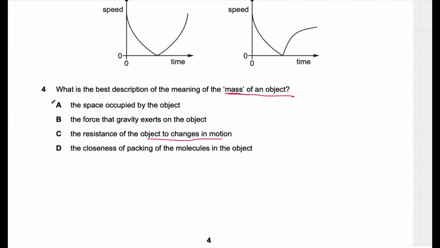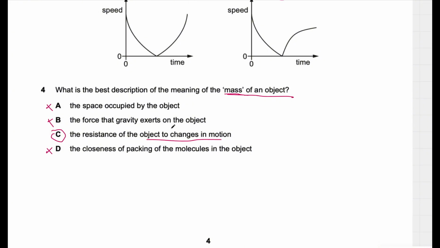This is wrong. It's not volume. The space occupied is volume. The force is weight. It doesn't have to do with closeness of packing. This one is like you're talking about solid, as if you're defining matter as solid. The resistance of object to changes in motion. Could be. Okay, this could be.